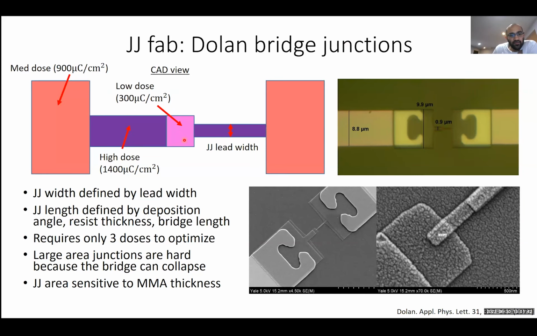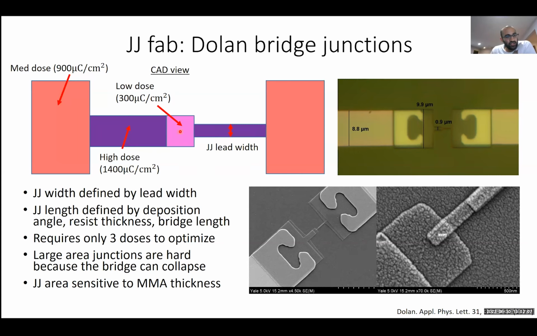So this is a diagram of what this pattern will look like. You have your contact pads here that will short your capacitor to your junction, which you'll dose with a medium dose, around 600 to 900 microcoulombs per centimeter squared. You have your junction leads here that you'll dose with a very high dose, around 1400.